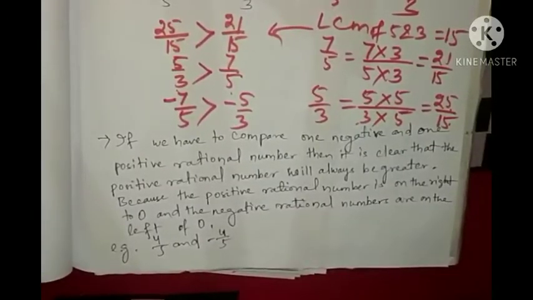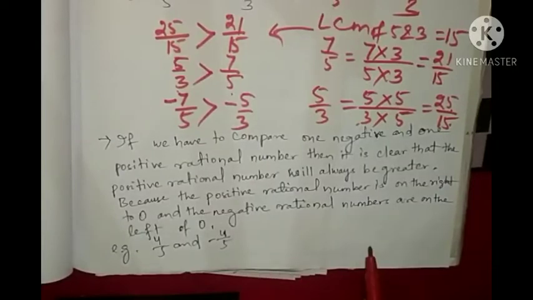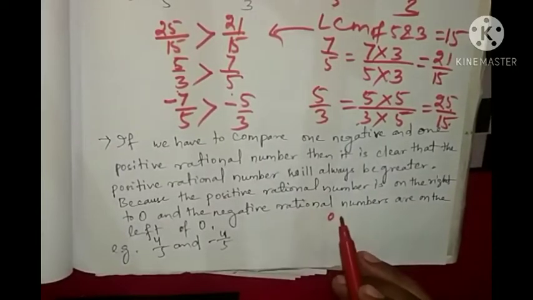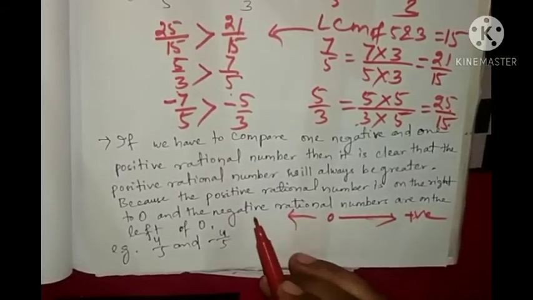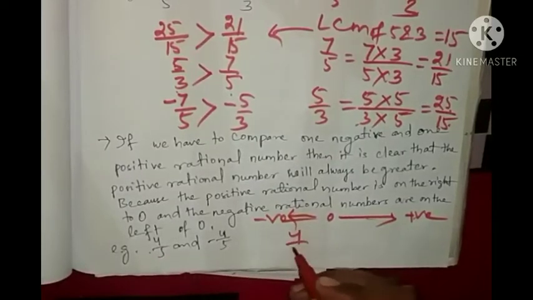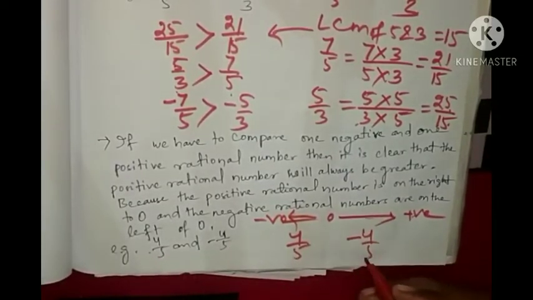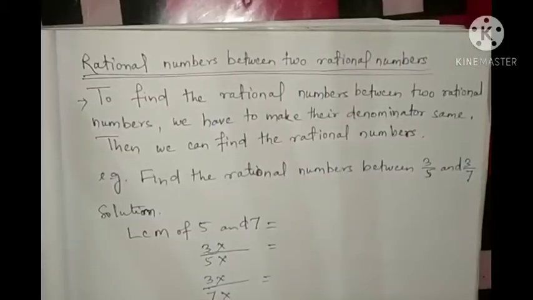Next, if you have to compare one negative and one positive rational number, then it is clear that the positive rational number will always be greater, because the positive rational number is on the right side of zero and negative rational numbers are on the left side of zero. So comparing 4 by 5 and minus 4 by 5, which one is bigger? Always the positive rational number is bigger.